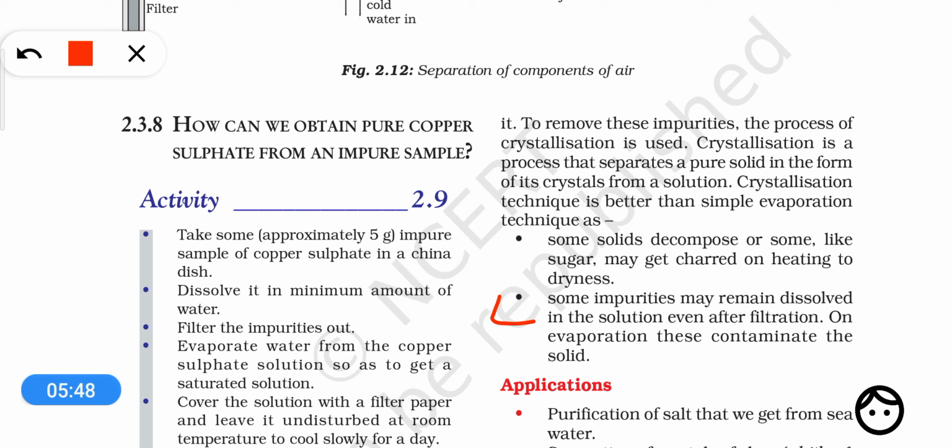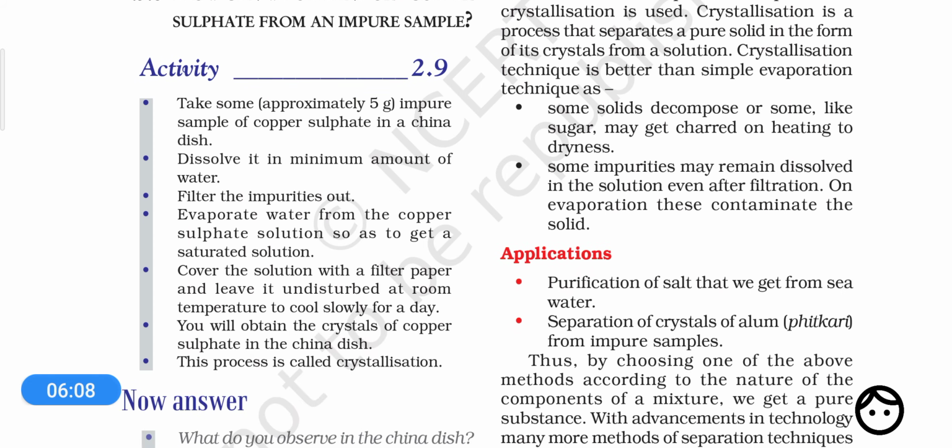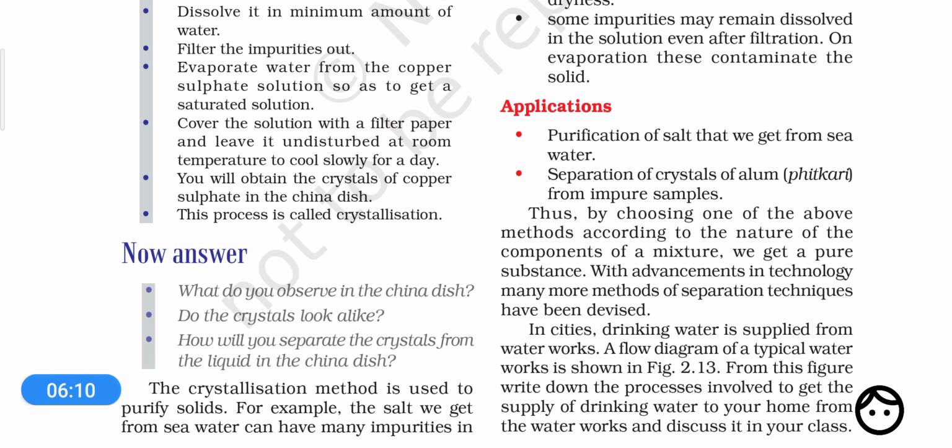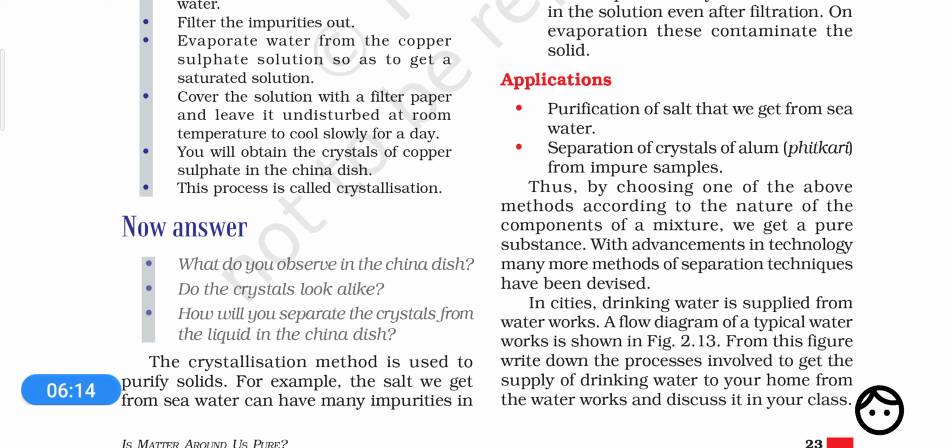Then the salt that we get has impurities, and we obtain pure salt from it by the method of crystallization. So crystallization is a process that separates a pure solid in the form of its crystals from a solution. We make a saturated solution and cool it down so that the pure solid gets separated in the form of crystals.